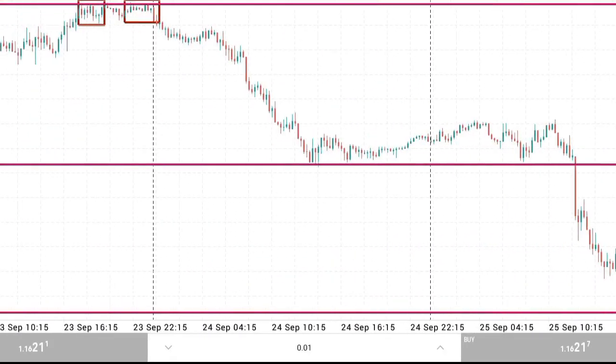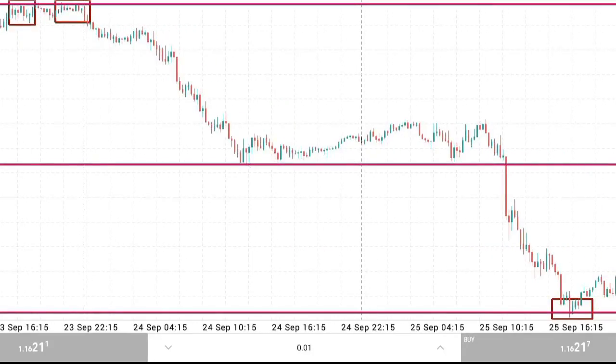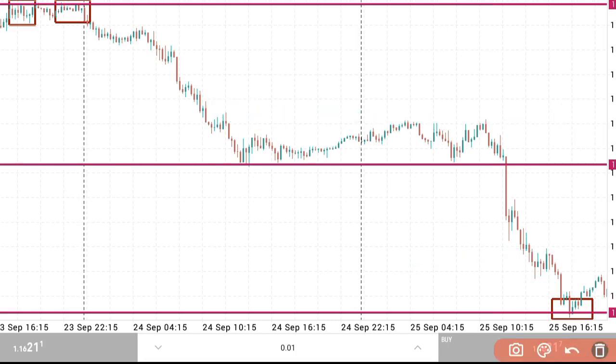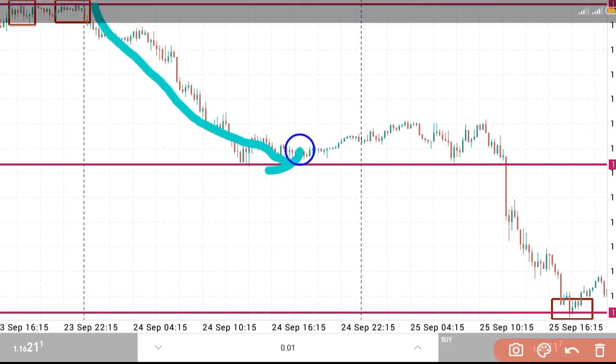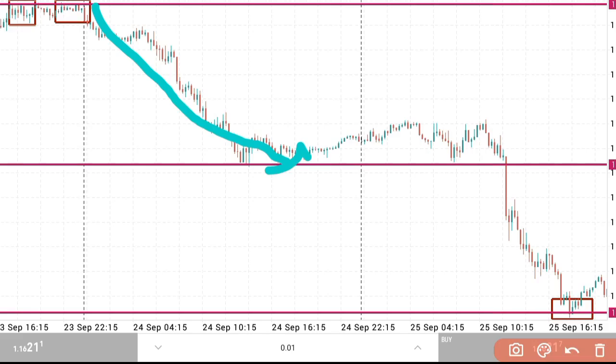Now, look at this particular place. From here, we saw price coming to form what we call support, and after some time the support was broken.